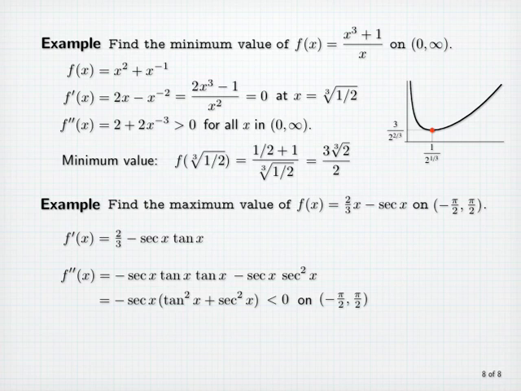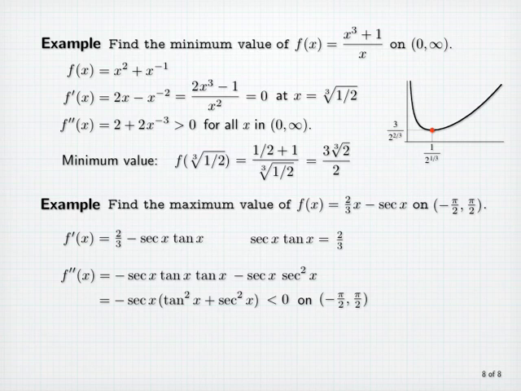Therefore, if f has a critical number in that interval, the value there must be the maximum value of the function on the interval. So let's look for critical numbers in our interval. A critical number will be a value of x where secant x times tangent x is equal to 2/3, making the first derivative equal 0.